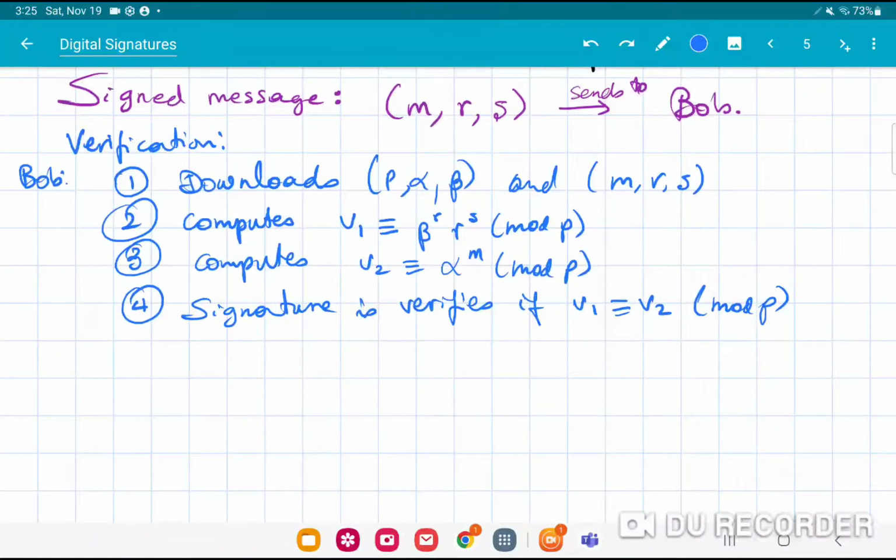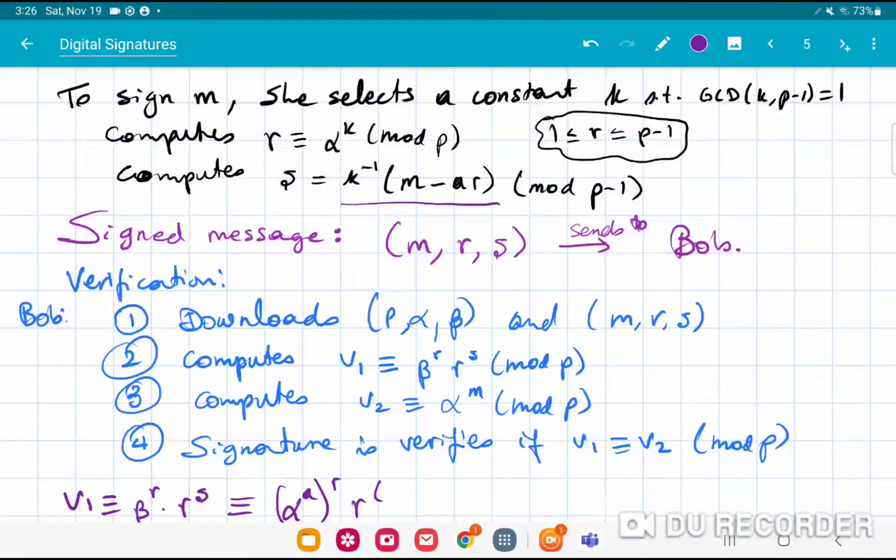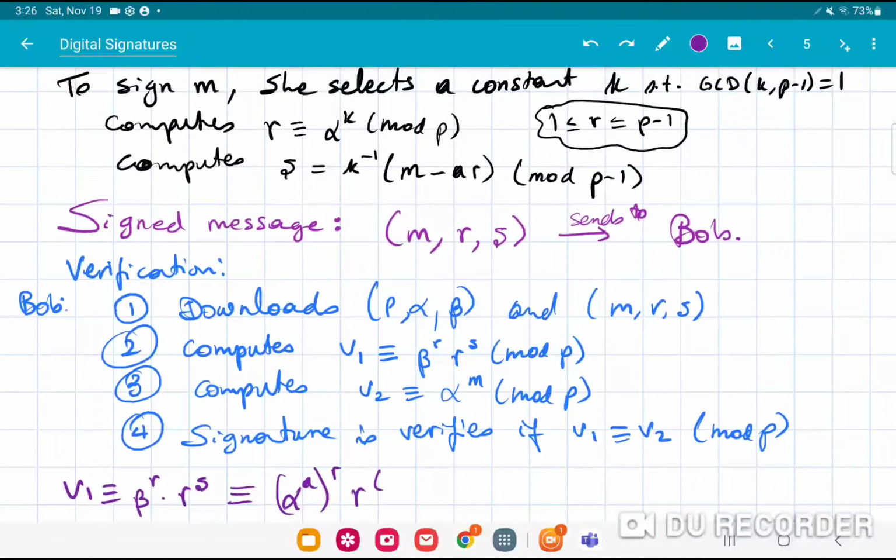So V1 was beta to the power of R times R to the power of S mod P. Beta was alpha to the power of A, so that's to the power of R. And S was K inverse times (M minus AR), mod P minus 1.